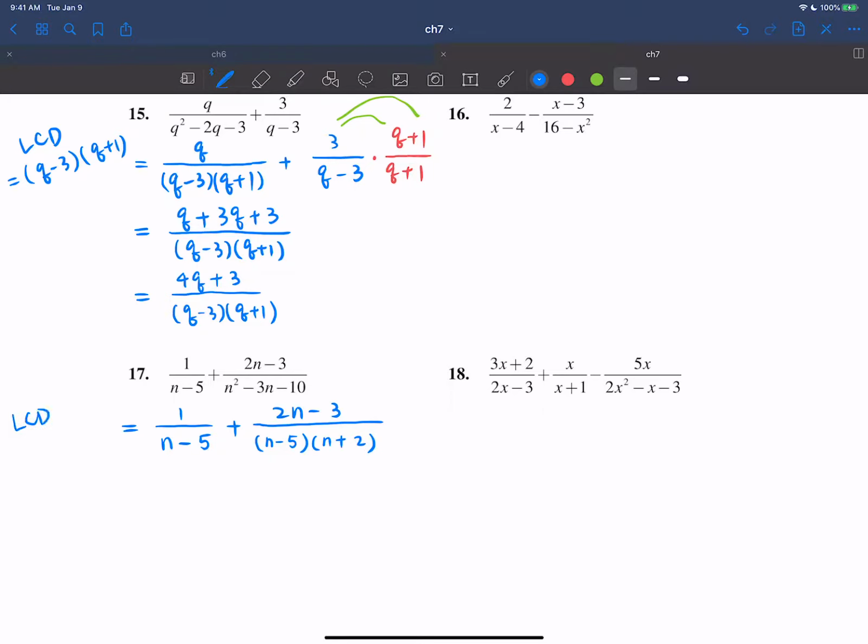Therefore, the LCD is simply n minus 5 times n plus 2. That means the first one is missing n plus 2, so I'm going to multiply both the top and the bottom by n plus 2.